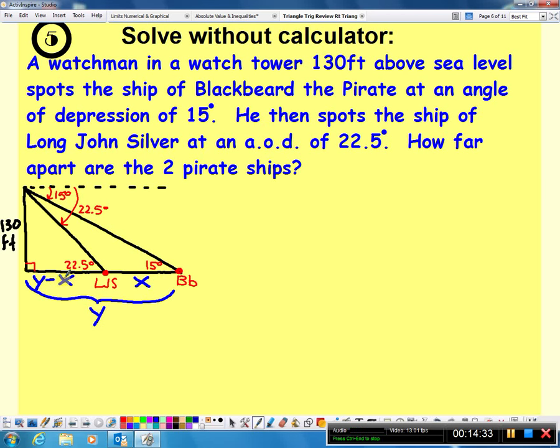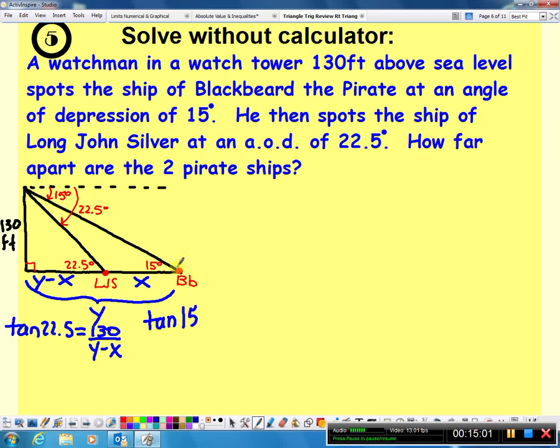I'm going to say that the tangent on the inside right triangle, the tangent of 22.5, is equal to 130 over y minus x. And the tangent of 15 degrees in this large right triangle is 130 over y.